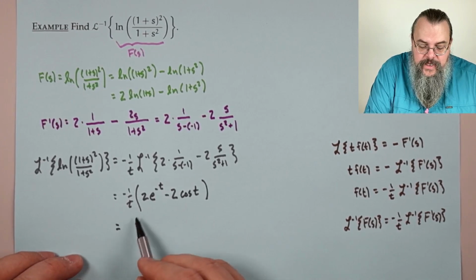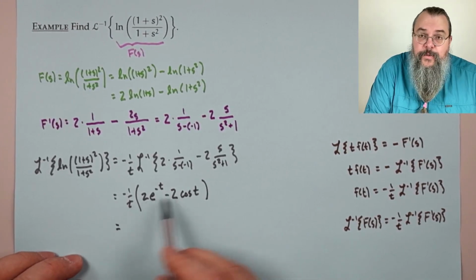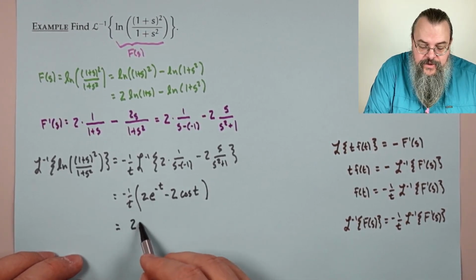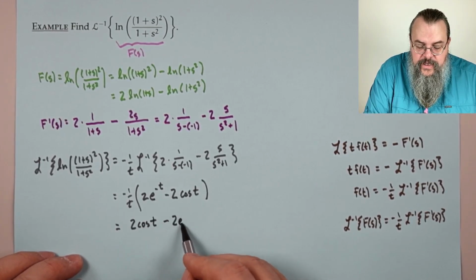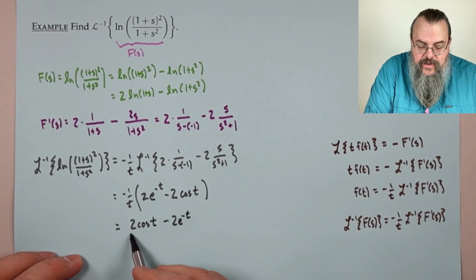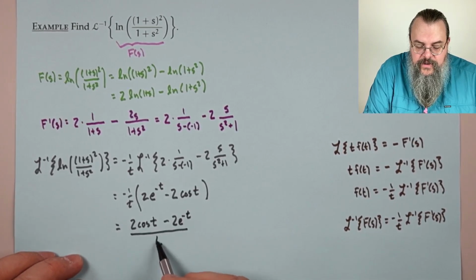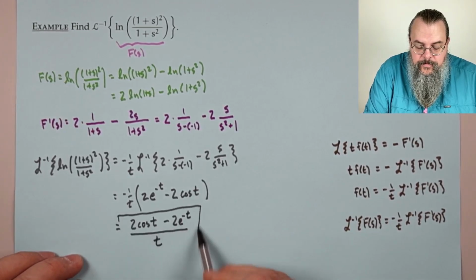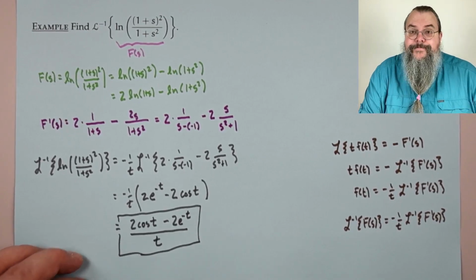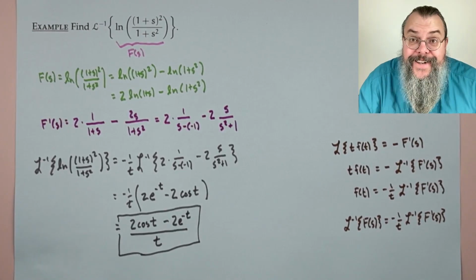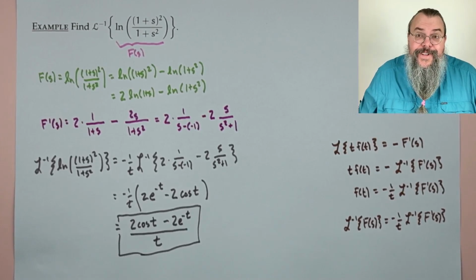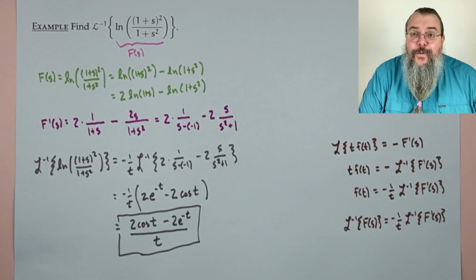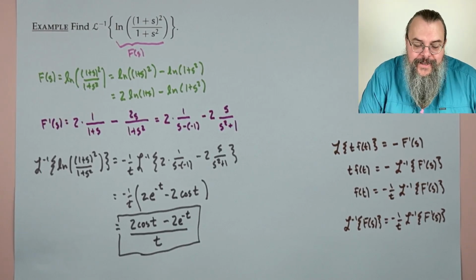And since we're putting a minus, we'll reverse the order here. 2 cosine t, subtract 2e to the minus t, all over t. And we're done. That's our answer. Isn't that cool? We're able to work things out so nicely now. I think it's wonderful.